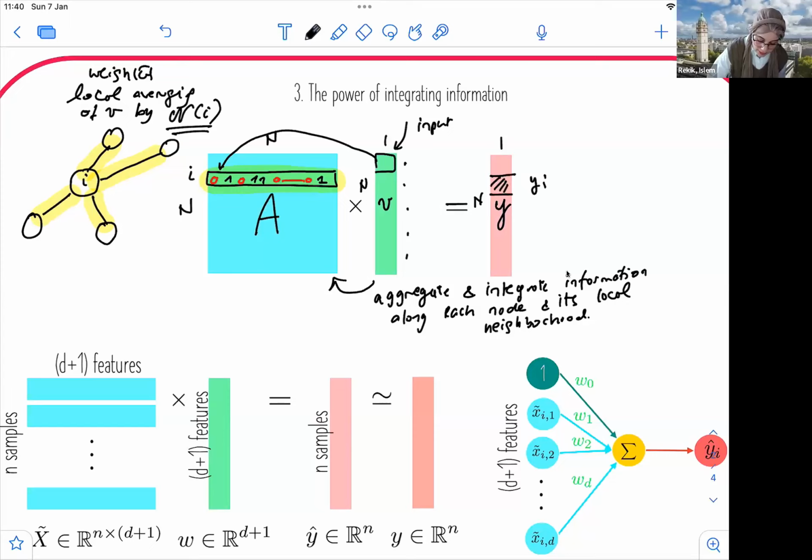This element is calculated as an element-wise multiplication and summation of each of these elements in V and each of these elements in my adjacency matrix. So I am integrating information along the neighborhood by taking this V vector as a weighted vector. It's a very nice thing to do, which means every time I'm looking at V, I'm computing the diffusion of V.